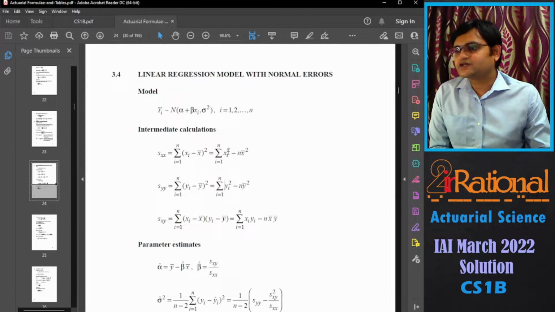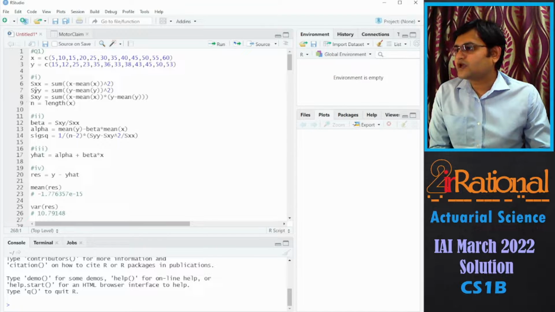Okay, so Sxx, I'll say it is summation xi minus x bar whole square. Similarly Syy, and Sxy would be summation xi minus x bar into yi minus y bar. Using this, I'll make my Sxx, that would be sum of x minus mean of x whole square.